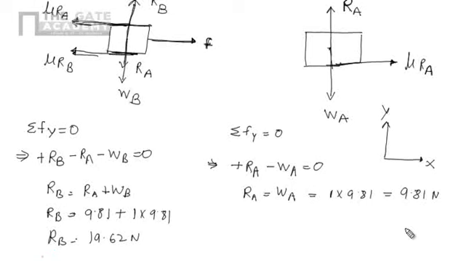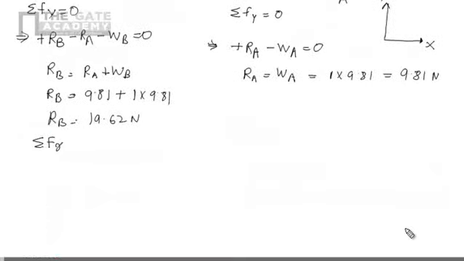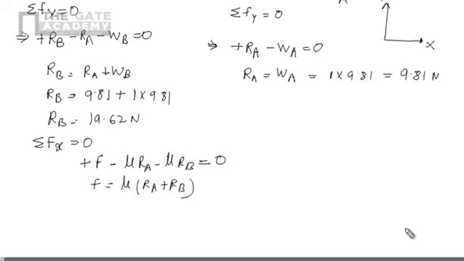Similarly, if we apply condition number 2, that is, the algebraic summation of all horizontal forces should be 0, along the x direction, we can write plus F minus mu Ra minus mu Rb equals 0. So F will be mu times Ra plus Rb. We know the value of mu, that is 0.3. We know the value of Ra, that is 9.81, and Rb is 19.62.